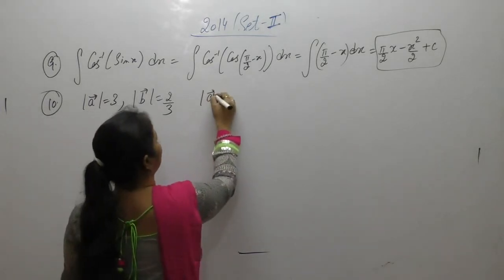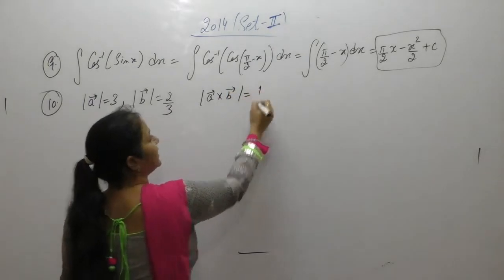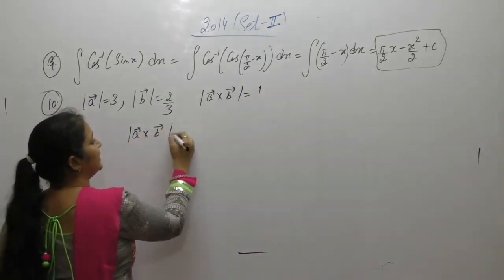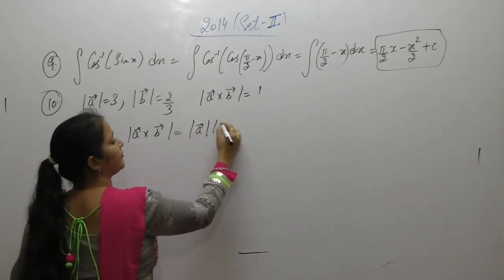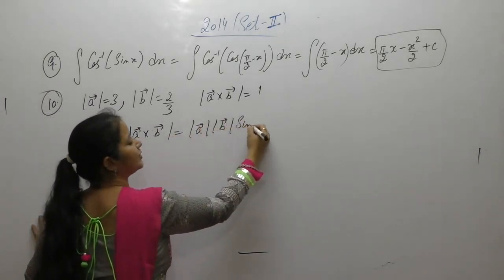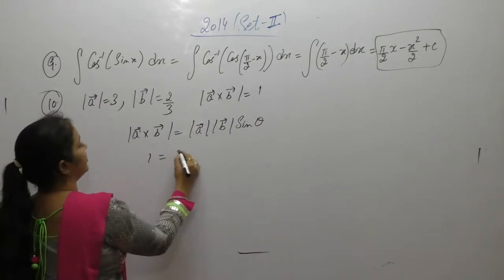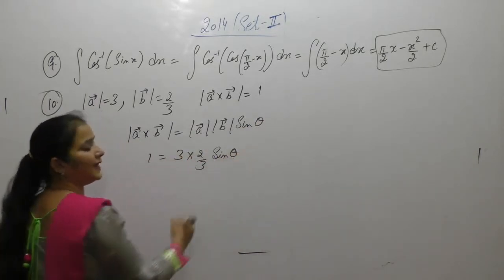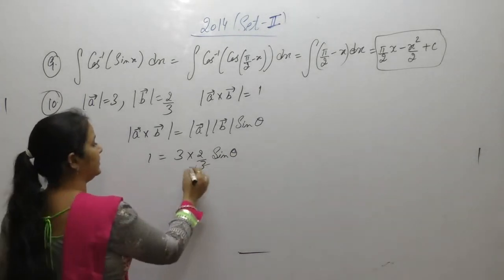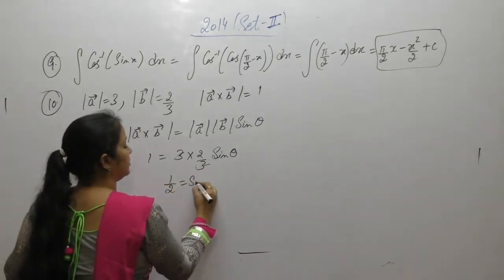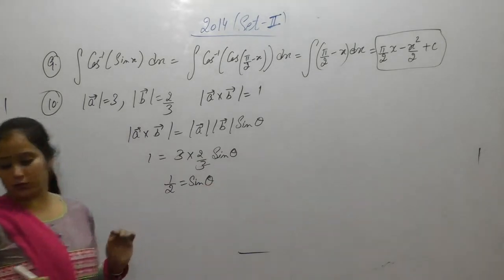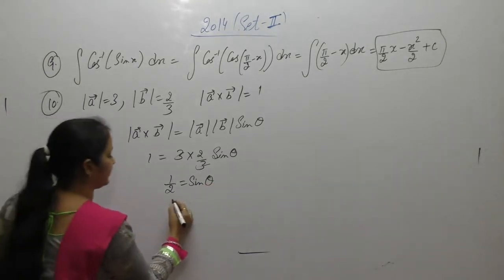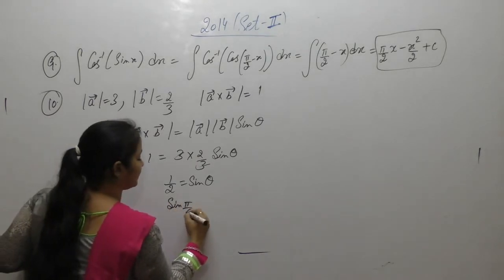and a cross b is a unit vector, then write the angle between a and b. It is given that a cross b is a unit vector. We know the formula for a cross b is equal to magnitude of a, magnitude of b, sine of theta. We have the values of magnitude of a and b, and we want to find the angle between a and b. So 1 by 2. 1 by 2 is the value of sine 30 degree, sine pi by 6.